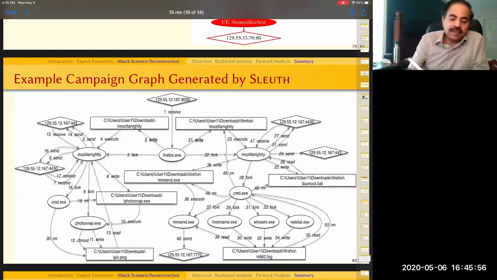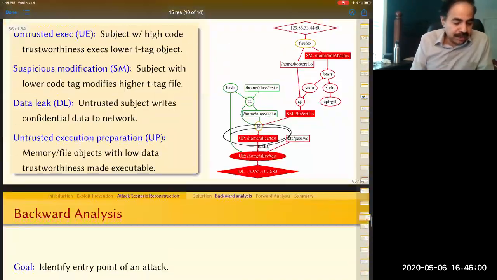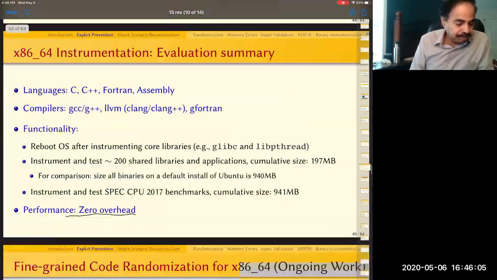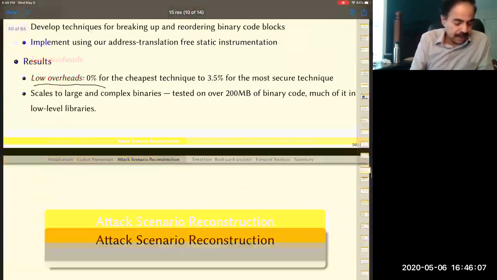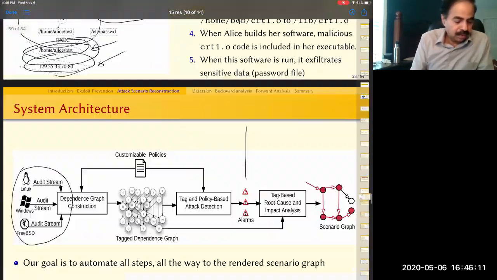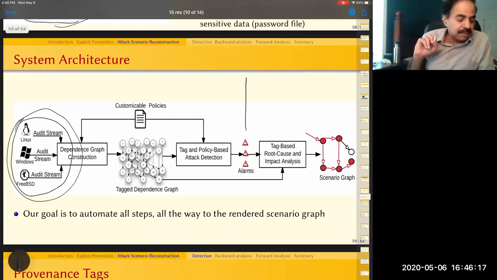If you recall the picture of our system, there are these event streams that come in.